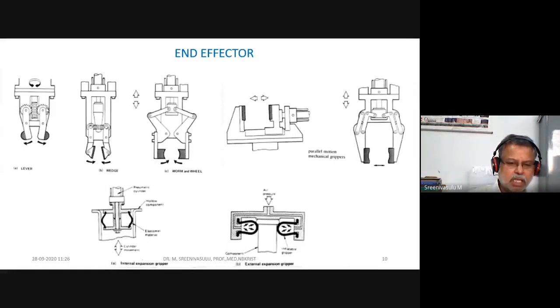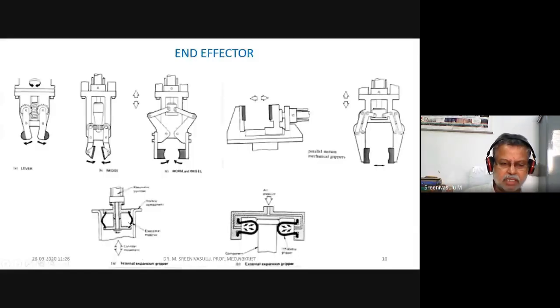On similar grounds, among these fingers, this one is actually a bellows type. It means if you supply pressurized air there, some portion will extend and try to hold the object. Say, for example, there is a glass like this. You try to blow a balloon: keep the empty balloon in it and go on blowing air. What happens? The balloon goes on expanding internally.